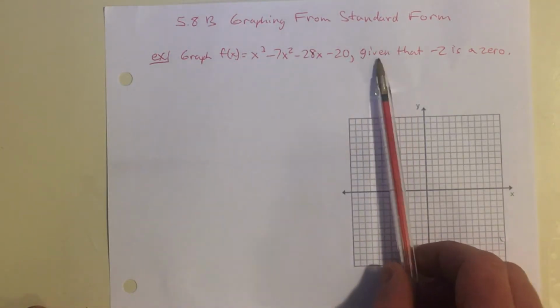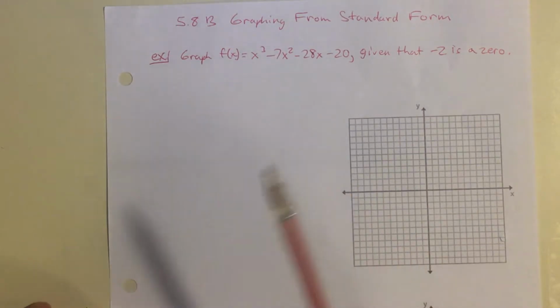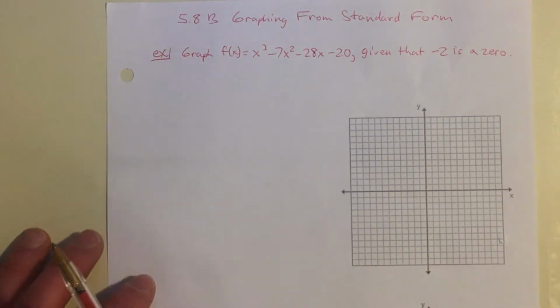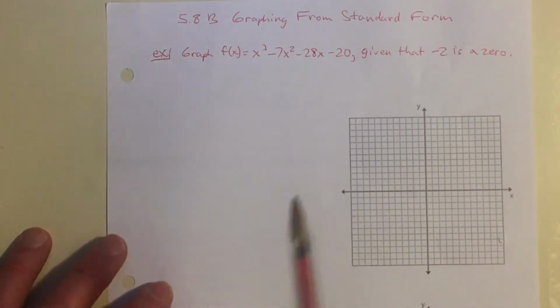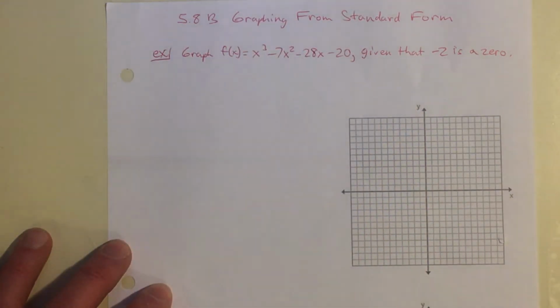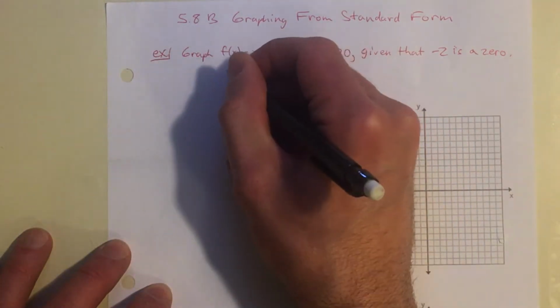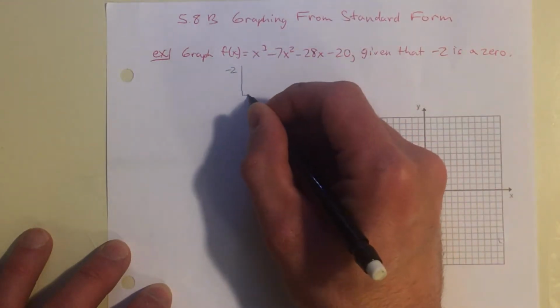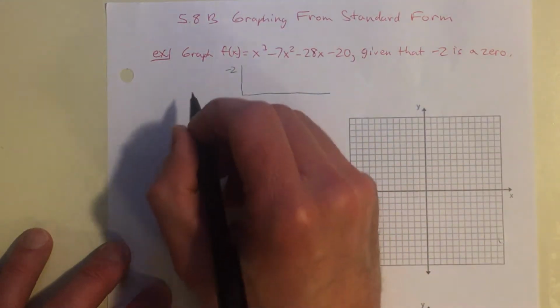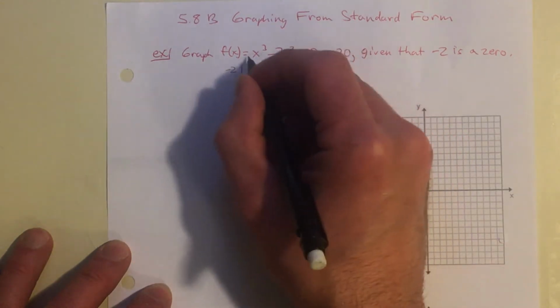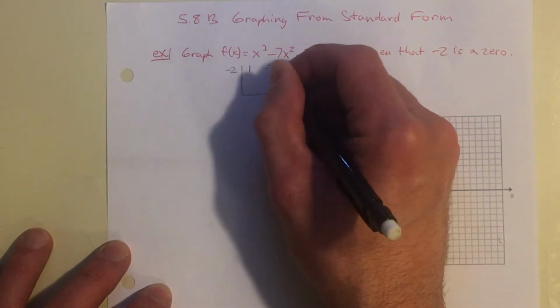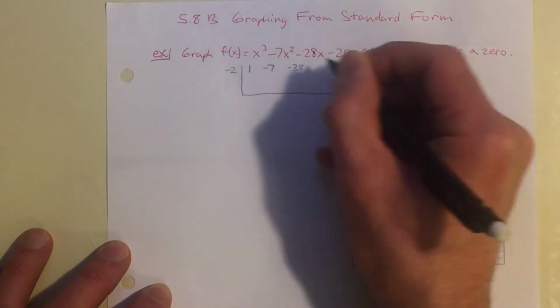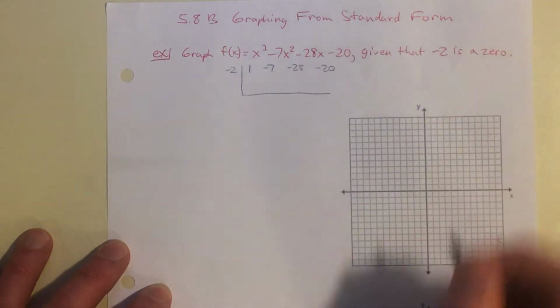So we're given a hint here. We're given that negative 2 is a 0. So what we're going to do is synthetic division to help us simplify this and find out what's left over. So we're told that negative 2 is a 0, so we'll put that off to the side. We write our coefficients here: 1, negative 7, negative 28, negative 20.